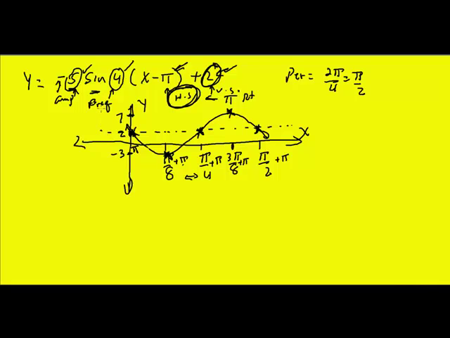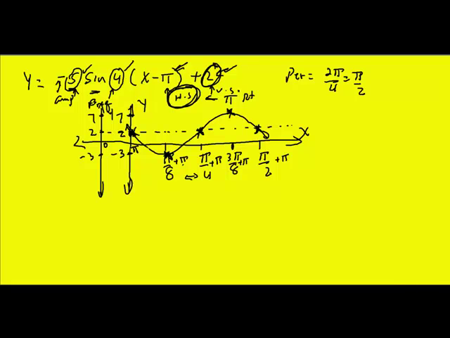So I'm going to go over here somewhere. I'm going to draw my new axis. I'm going to transfer all my information. That's my 2, and that's my 7, and that's my -3. And we'll call that 0. And that's my y-axis.